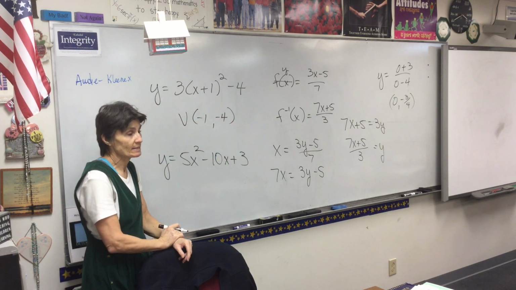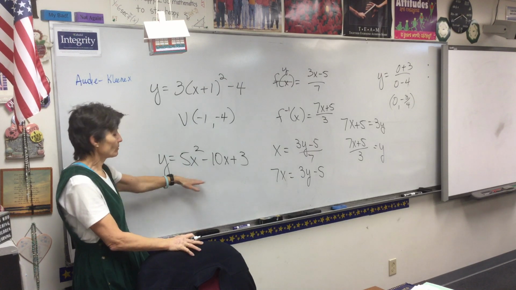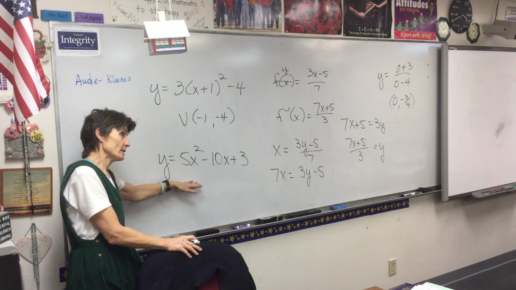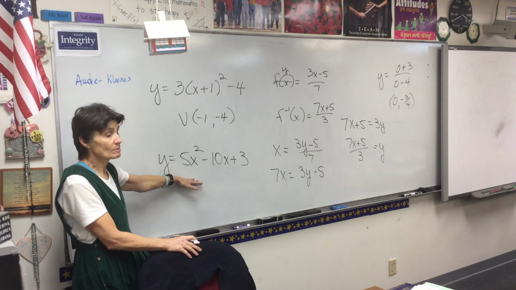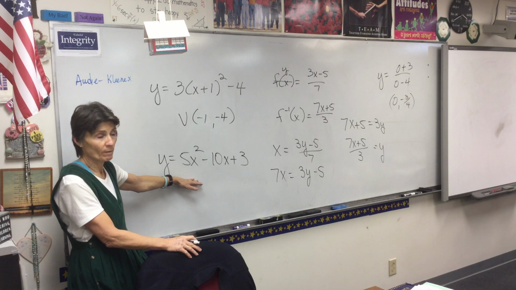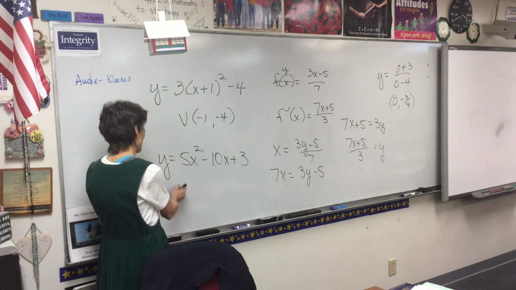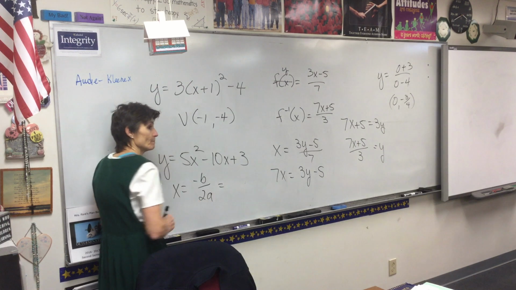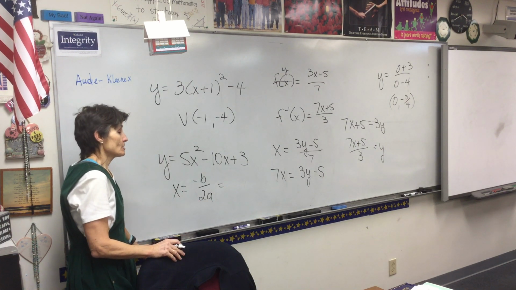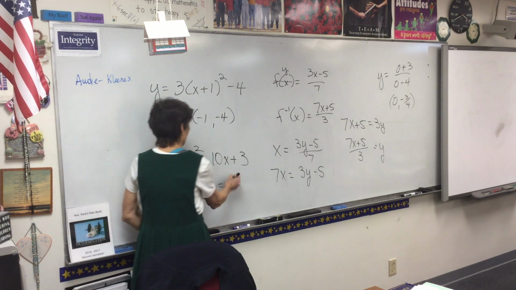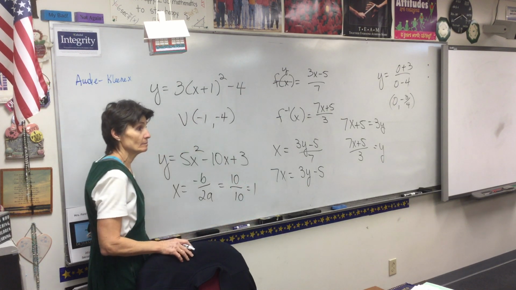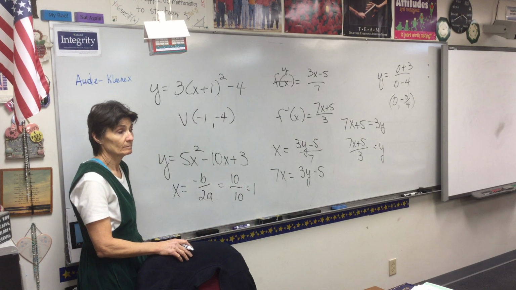That's pretty basic. If, however, the parabola is like this, I can still find the vertex, but it's not quite that easy. Now I'll use my axis of symmetry formula, which is x equals -b over 2a. So -b over 2a would be 1. Right?